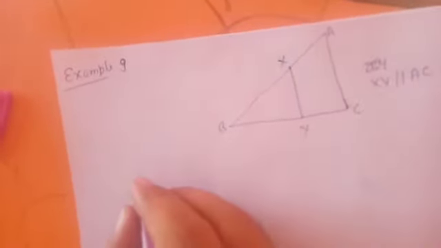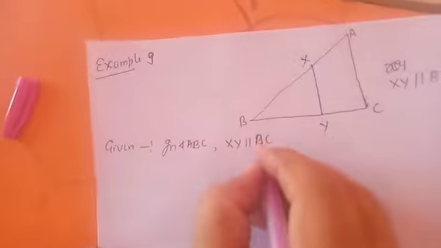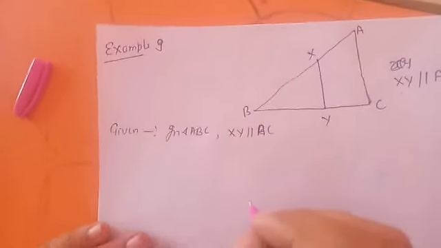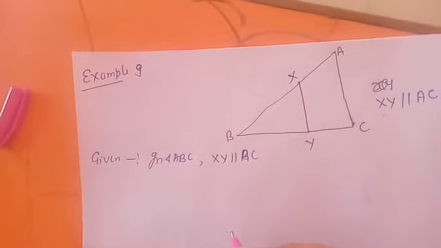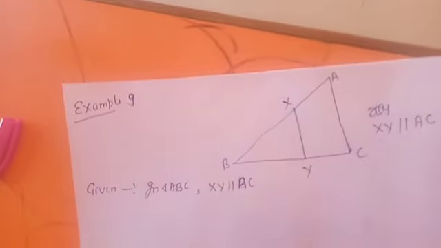So which thing do you have to prove? First you can write given: in triangle ABC, XY is parallel to AC, sorry, not BC, AC. It's given this. And what's given?